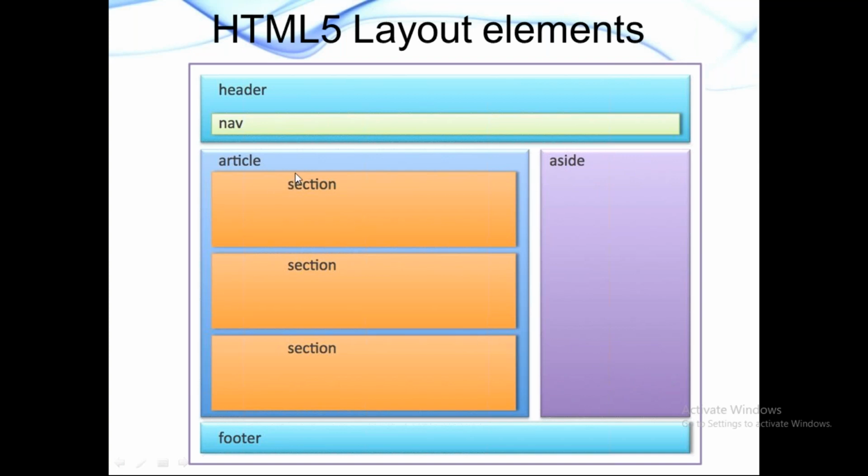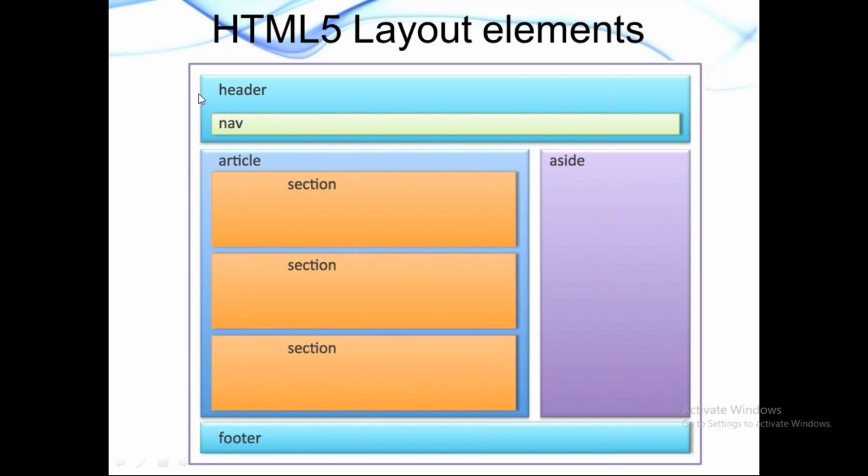Then you have the article. Assume that you're creating a blog, writing about a particular topic, let's say CSS. That is called an article, and the article will have different sections. So you have the article tag, the section tag, and finally a footer tag. Previously they used to design these sections and articles using div and placing the container.